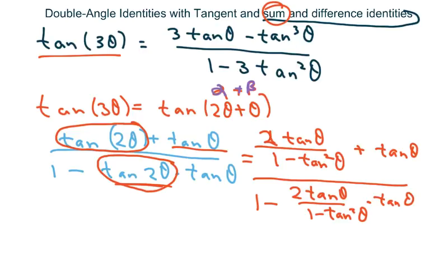Okay, on the next slide, I'm going to find my common denominator. My common denominator for both of these is going to be 1 minus tan squared theta. So that's what I'm going to do on the next slide.